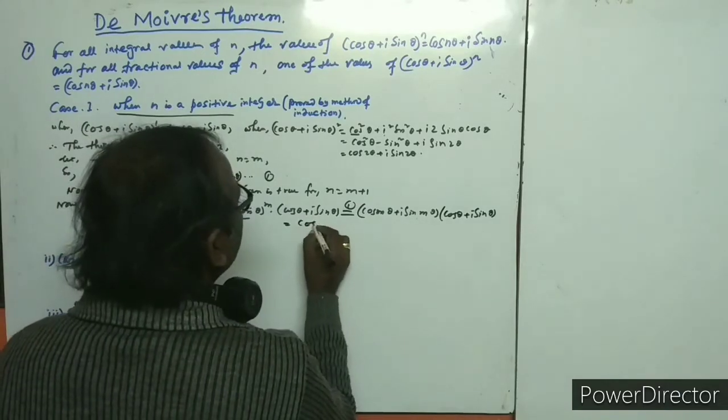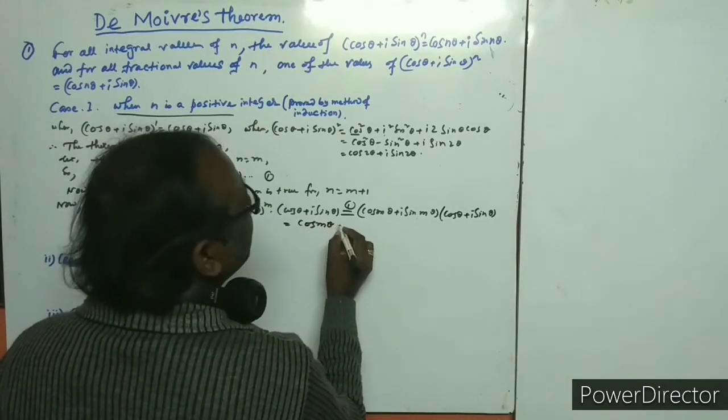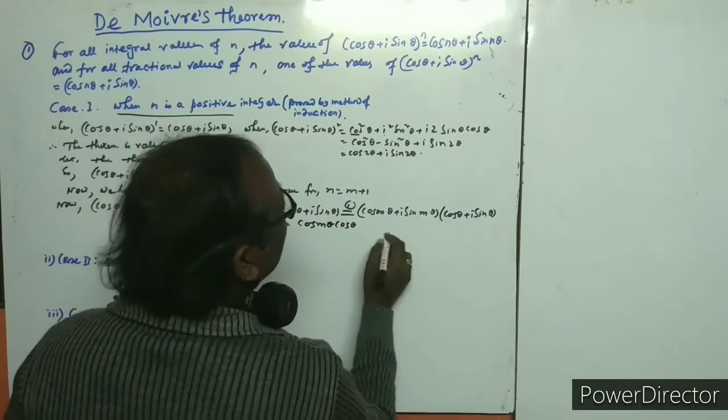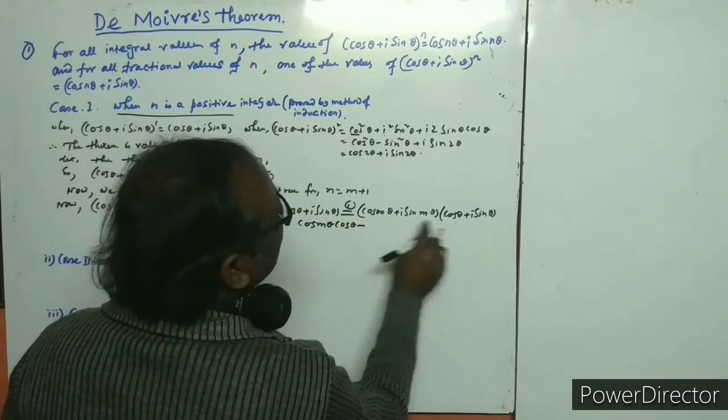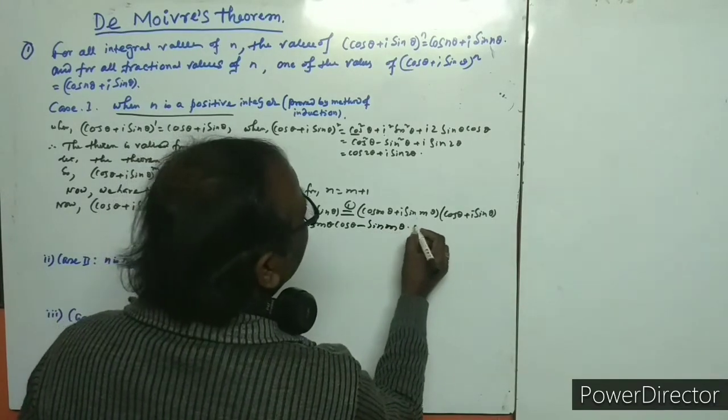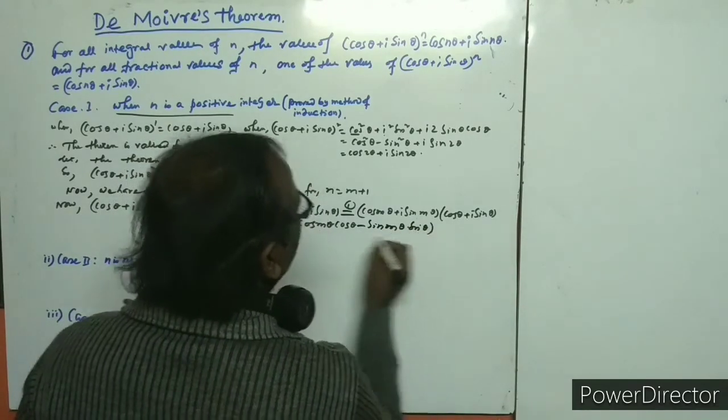This is a simple multiplication: cos m theta cos theta, minus, since i square is minus 1, sin m theta sin theta.